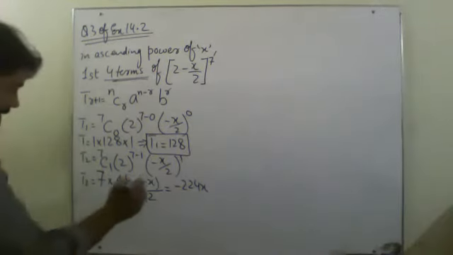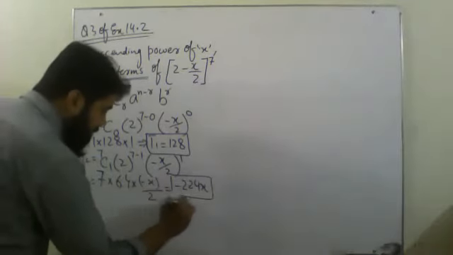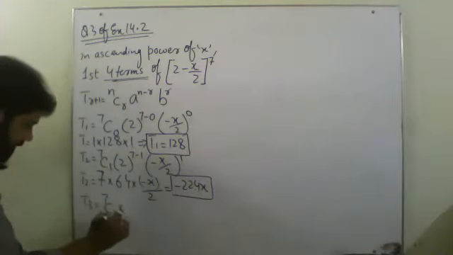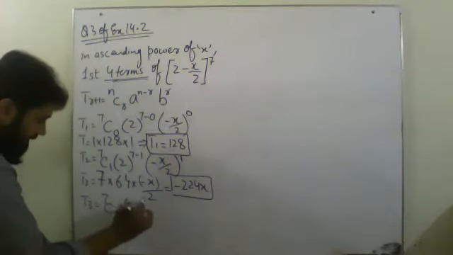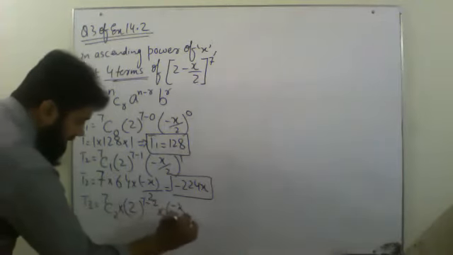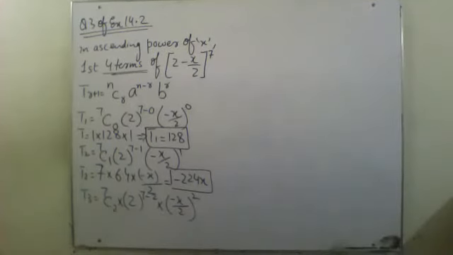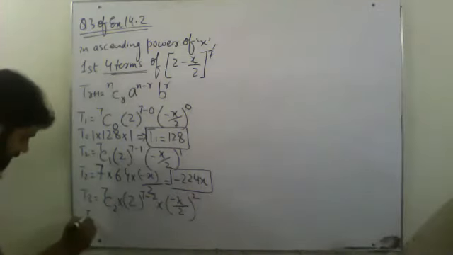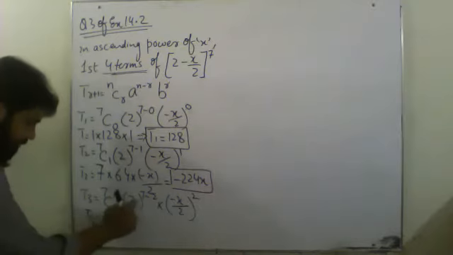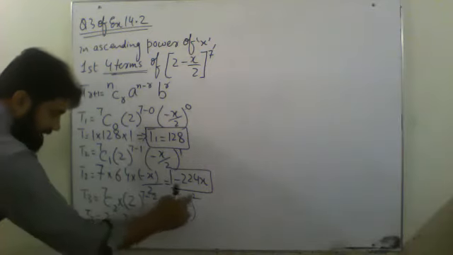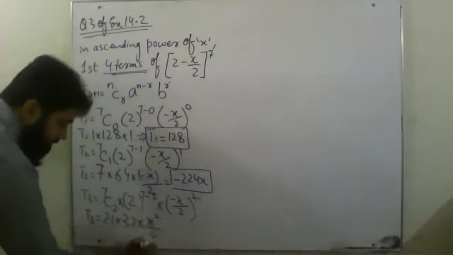Now the third one. This is my T2, now T3: 7C2 into 2 to the power 7 minus 2, into (minus x over 2) whole square. 7C2 will be 21. 7 minus 2 is 5, 2 to the power 5 will be 32, into minus x whole square over 4, which is x square over 4.